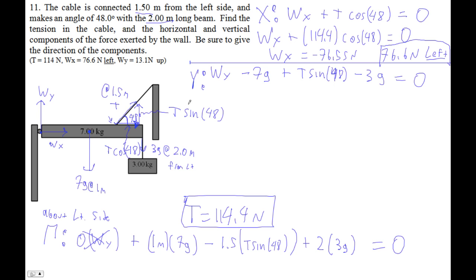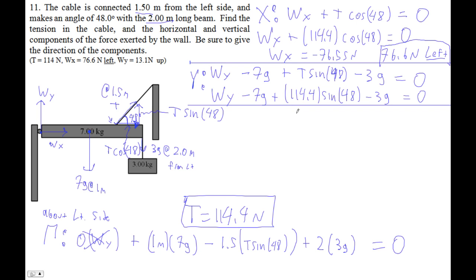All right. Now let's do this guy here. Got a busy house over here. Okay, so let's substitute. This is the wall in the y direction minus 7g plus, and then I can just plug in for the tension, 114.4 sine 48, minus 3g is 0.